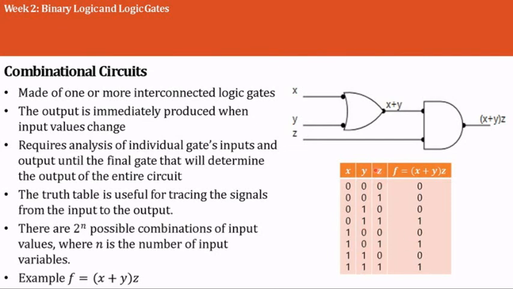And for the last input, we have 0, 1, 0, 1, 0, 1, 0, 1. This is very useful. Later on, we'll discuss more of this in our topics on minterms and maxterms. It is very important to know how our inputs are arranged on our truth table.